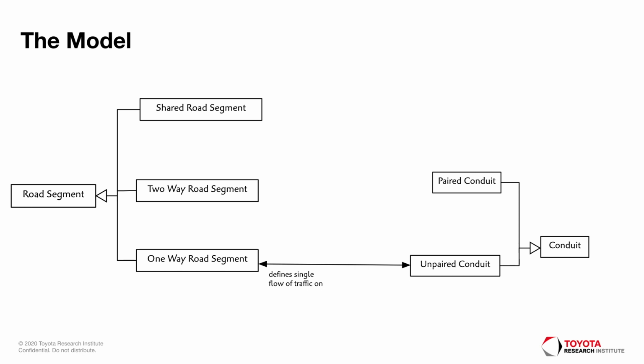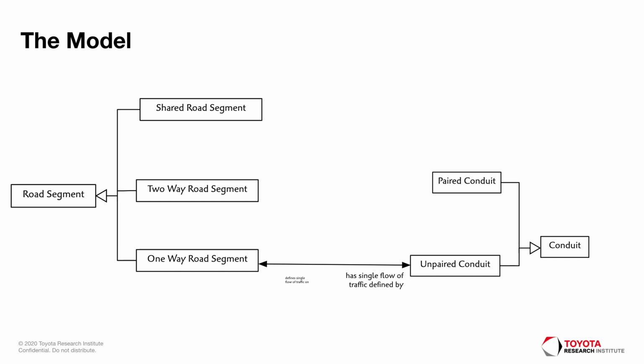So in other words, we kind of think of an unpaired conduit as overlaying a one-way road segment and defining the direction of traffic. Looking at it from the other perspective, if we have a one-way road segment, we say that its flow of traffic is defined by exactly one unpaired conduit.